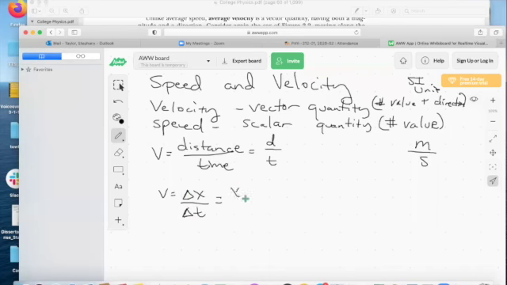So it's your final position minus your initial position, x sub f minus x sub i, and you're doing that across the x-axis as well as across time: your final time minus your initial time. So you'll see the velocity equation as d over t or delta x over delta t.